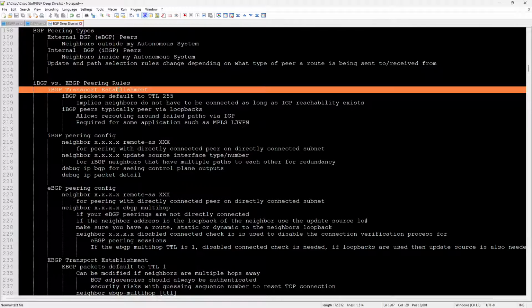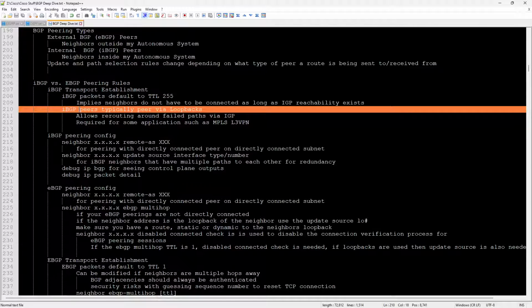For IBGP, the packet has a default TTL of 255, which means that the neighbors do not have to be directly connected as long as they have IGP reachability between the IBGP peers. IBGP peers typically peer via loopbacks.